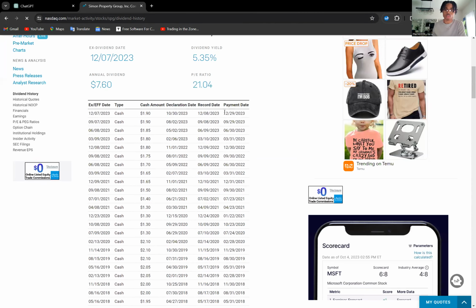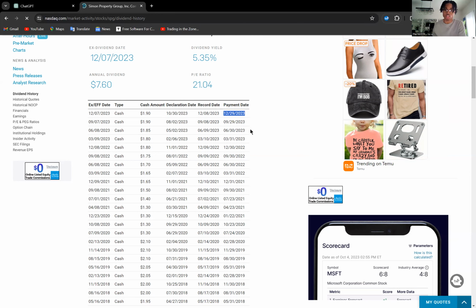And so the main thing you want to pay attention to, plain and simple, is the payment date. As you can see here, the payment date: March, and I'm not paying attention to the day, but the month. March, June, September, December: 3, 6, 9, 12. That means this company pays out during the 3rd month of every single quarter.